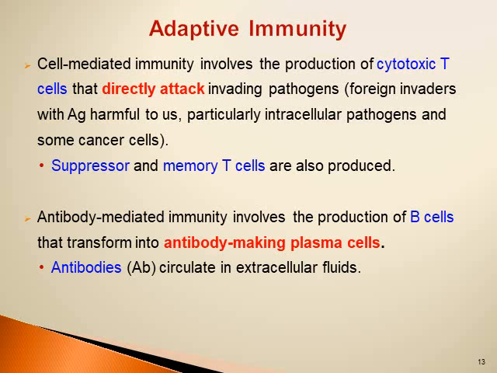Antibodies circulate in the extracellular fluid, and during the activation of the B cells, B memory cells are also produced for the next invasion or the next encounter with the same antigen.